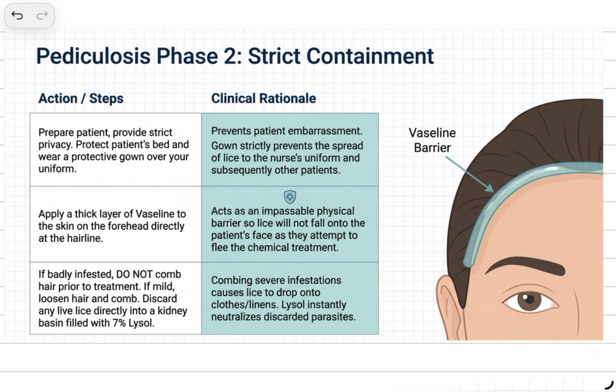At that time the lice may flee from the hair, the forest, to the face. So we need to apply this barrier to prevent that. Vaseline is not the chemical treatment. The chemical treatment is Lysol or the kerosene and coconut mix.